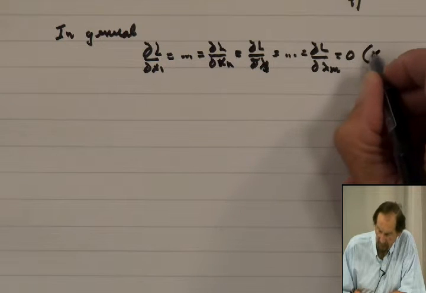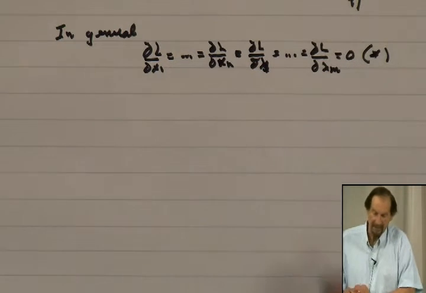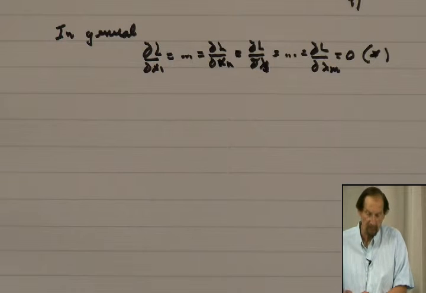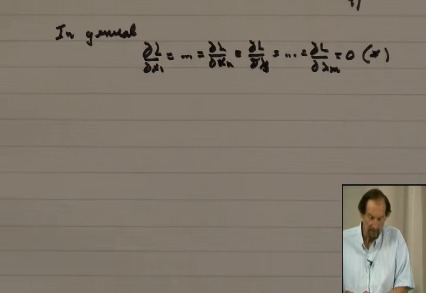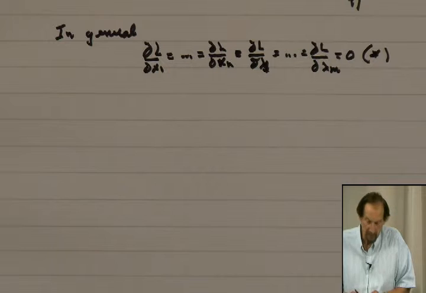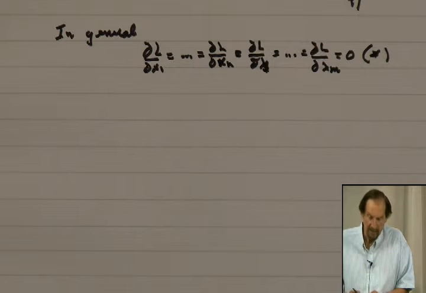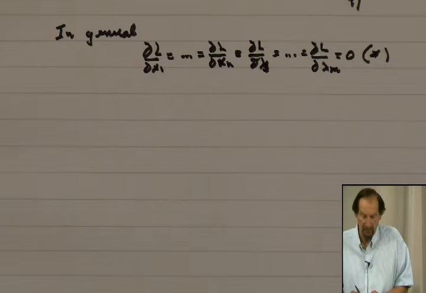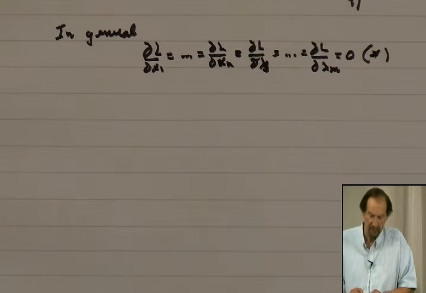This was our equation star. So these are our necessary conditions for an optimal. This is just an n plus m dimensional extension of our ordinary conditions where we set the first derivative equal to 0.